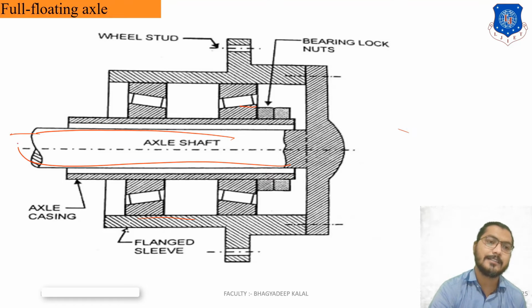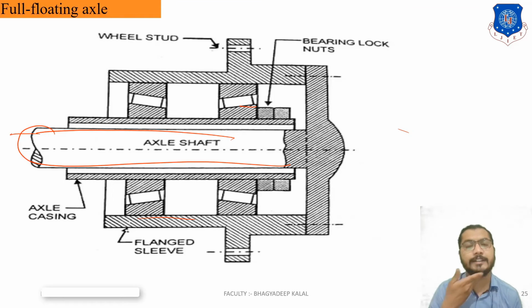This rear axle shaft takes only one type of load, that is the driving torque, because we use the two tapered bearings between the flange sleeve and the axle casing, not between the shaft and the casing. That's why it is different from semi-floating axles. So keep this in mind, and in the exams you can draw these diagrams smoothly.